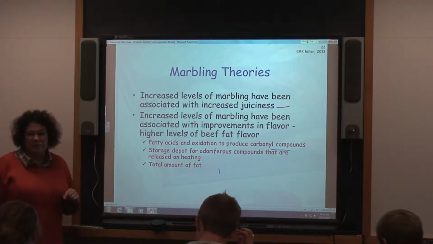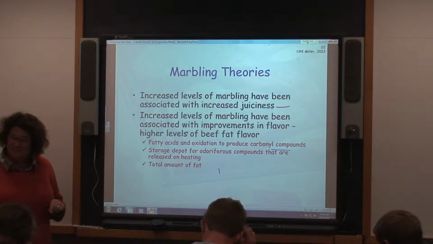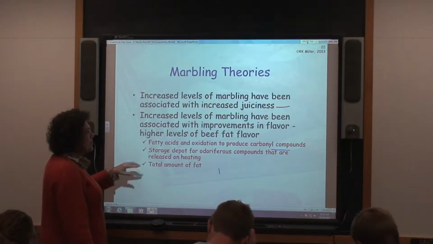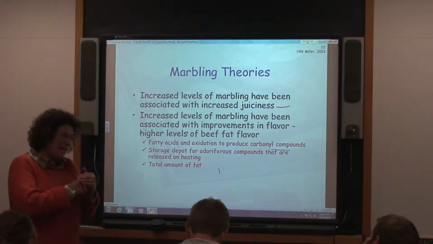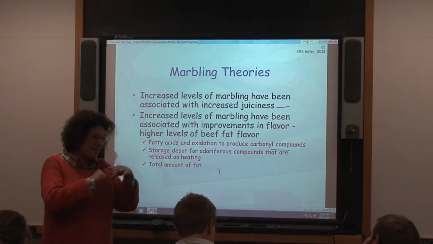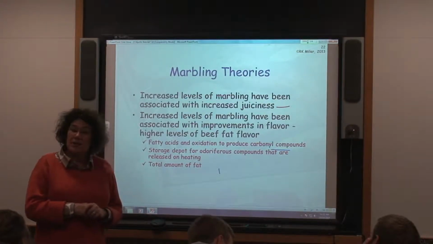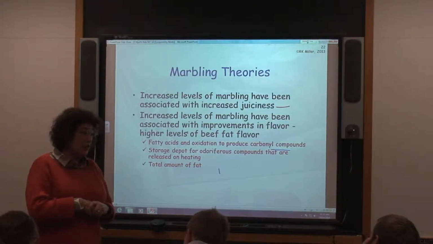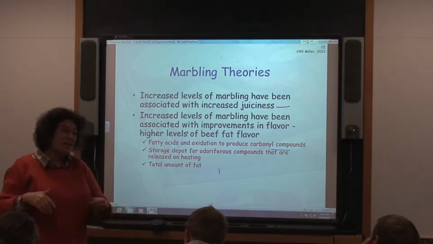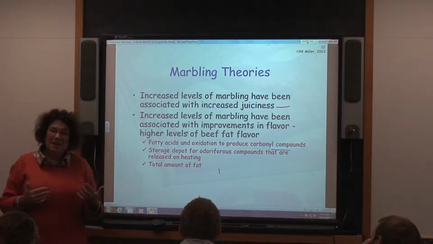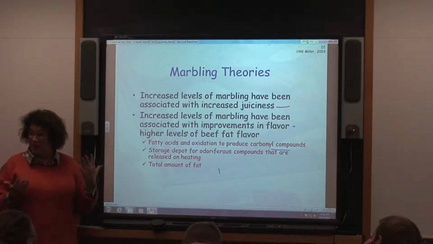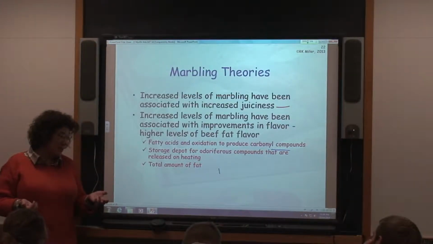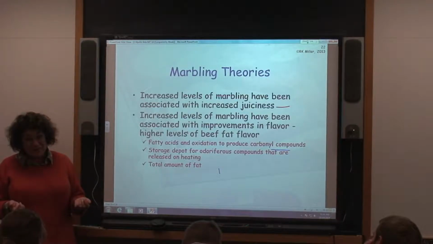Also, we know that when we have higher marbling, we get meat that's perceived as being juicier. When you eat a piece of meat that has more marbling in it, you bite down and it releases the fat, and your salivary glands go, ooh, fat! Because part of the job of the saliva in your mouth is to start breaking things down before they get to your stomach, and fat's hard to break down.